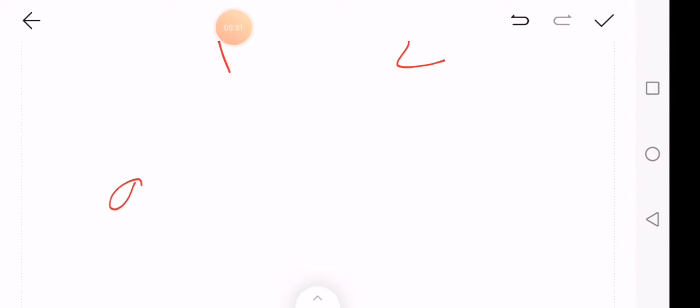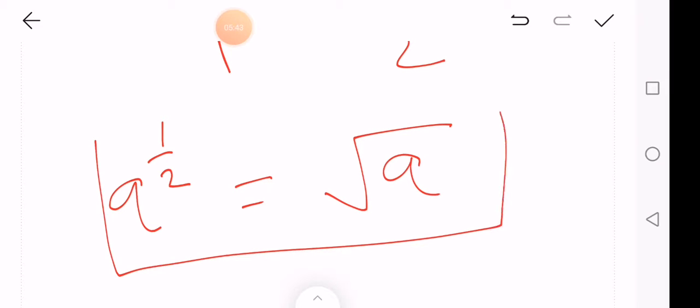Now this shows that if we have a to the power 1 over 2, then this must be the square root of a. A to the power 1 over 2 must be the square root of a.